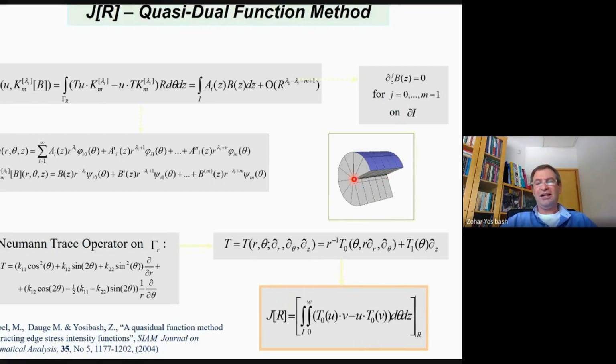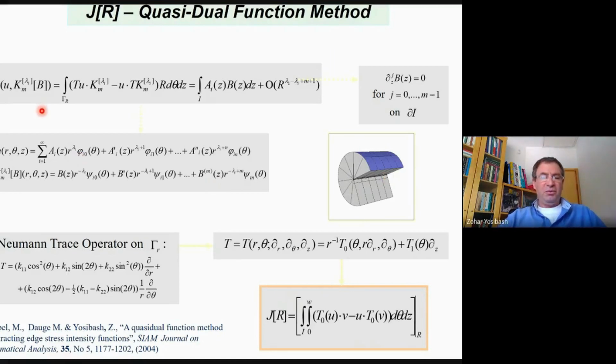Otherwise, they will get a lot of numerical errors. So we want to extend the contour integral method so that we would be able to go away from that edge and still have something which is close to path independency. We will not get there, but we want to come very close.